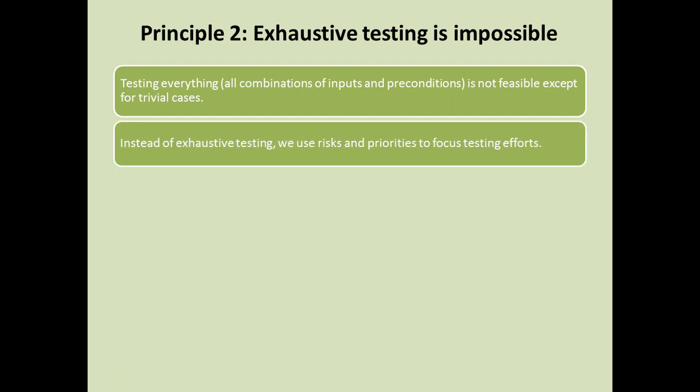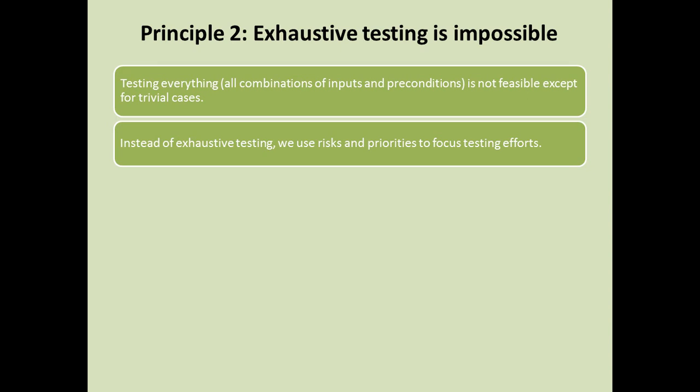Instead of exhaustive testing, we use risks and priorities to focus testing efforts. We prioritize our test cases and our test efforts based on the risks. So if a module has high risk, we prioritize our testing based on that.